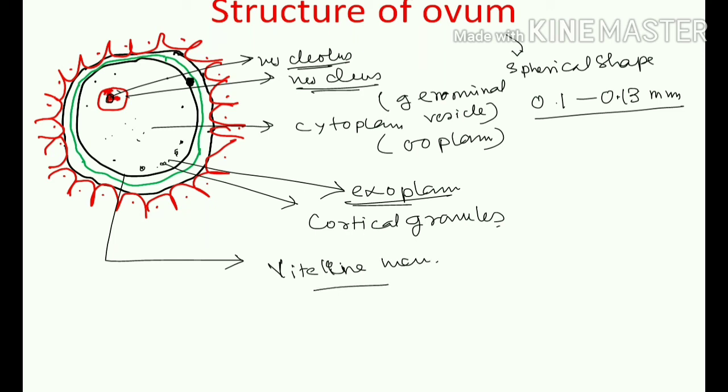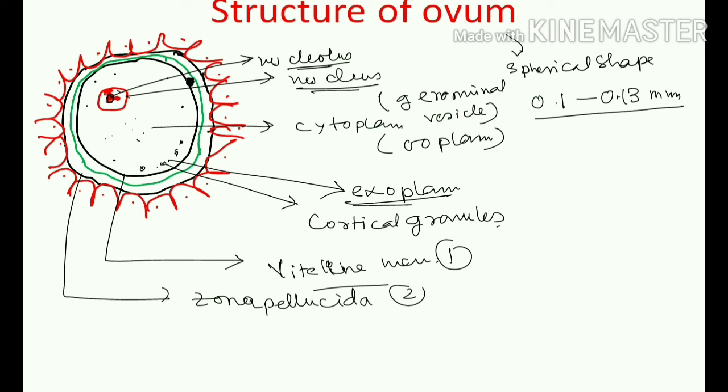And there is a second covering which is called the zona pellucida. The first covering is the vitelline membrane and the second covering is the zona pellucida. In between these coverings there is a space which is called the perivitelline space.